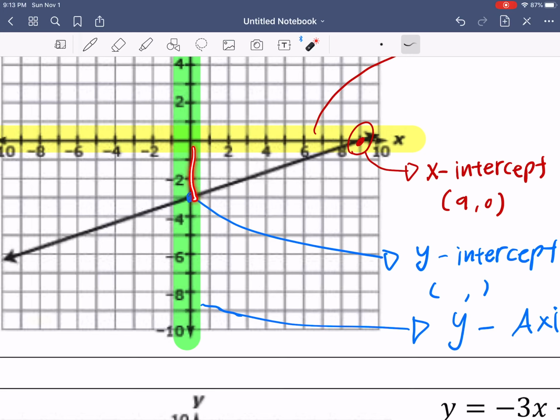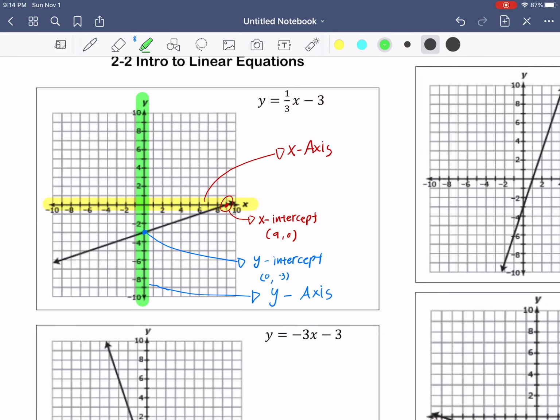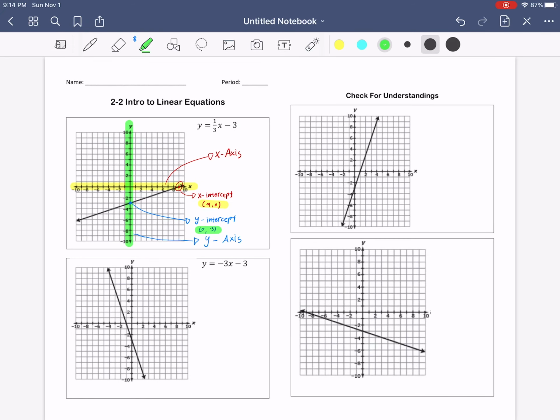So x is equal to 0, but y is equal to -3. So 0, -3. That's what you have to know. So this is an x-intercept, and this is a y-intercept. That's what I want you to do.